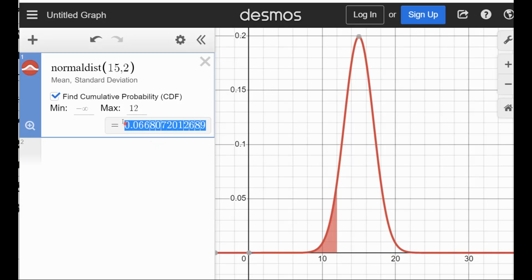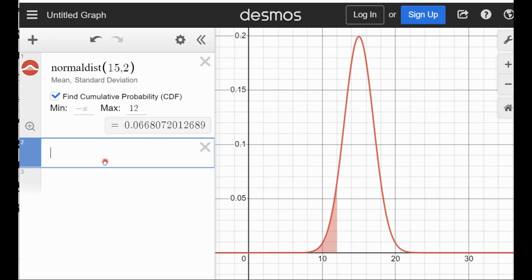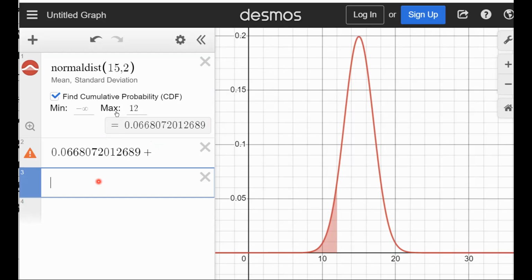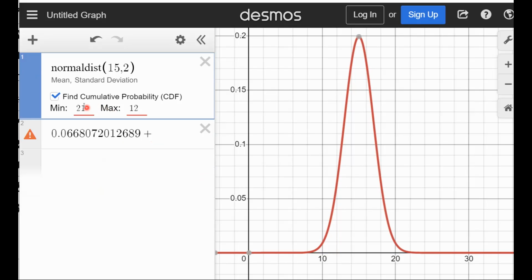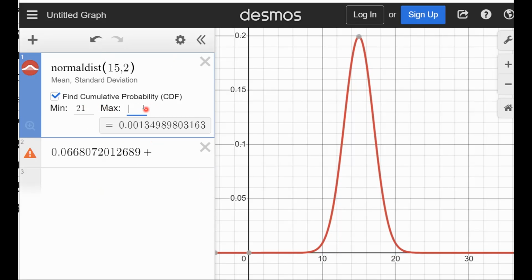So I'm going to be taking this and adding it on to the amount that I get when, instead, I go from 21 on. Let me click off of this, get rid of this, and give it to me as infinity.